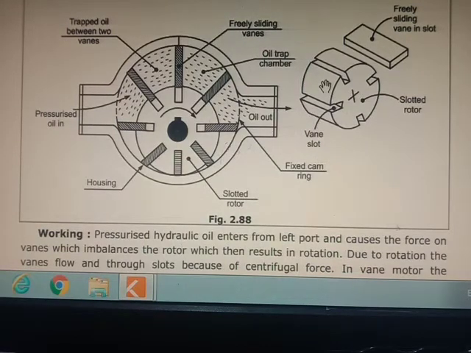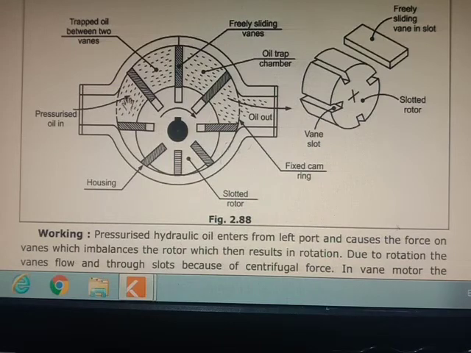Now how does this unbalanced vane motor, sorry, this vane motor work? What happens when the high pressure oil comes through this inlet port? From where will this oil come? This oil will come from the direction control valve, and if you have provided the flow control valve, then the high pressurized oil will come through the flow control valve.